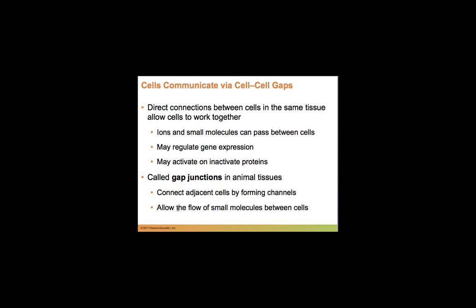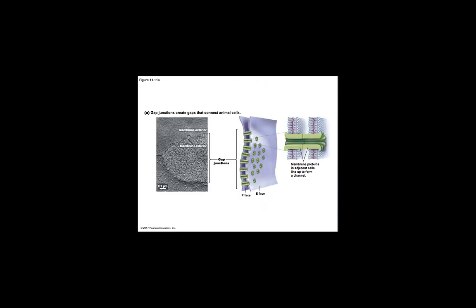Having that gap is going to allow the flow of small molecules between cells, ultimately making sure that we're synchronizing cellular activity. Alright, so here are little gap junctions between two adjacent cells, where we see one plasma membrane and another plasma membrane. Our gap junctions are membrane proteins in adjacent cells that are going to line up together and form a channel in order for small ions and molecules to pass between the cytoplasm.